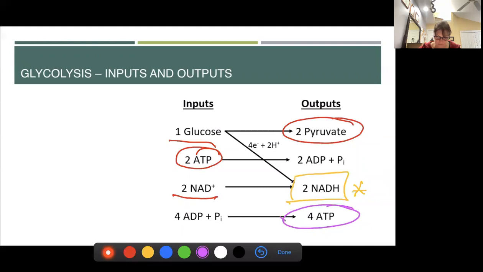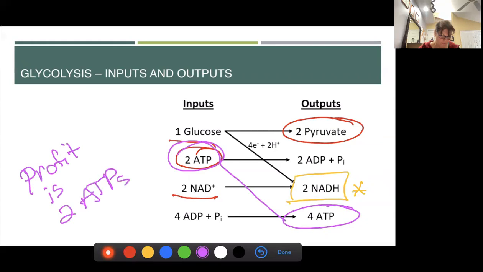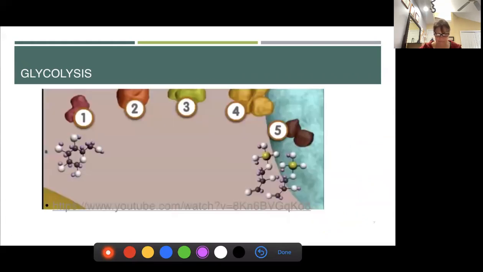But really our profit margin, because we use 2, is only 2 ATPs in glycolysis. And then there's a little video for you to watch on that process.